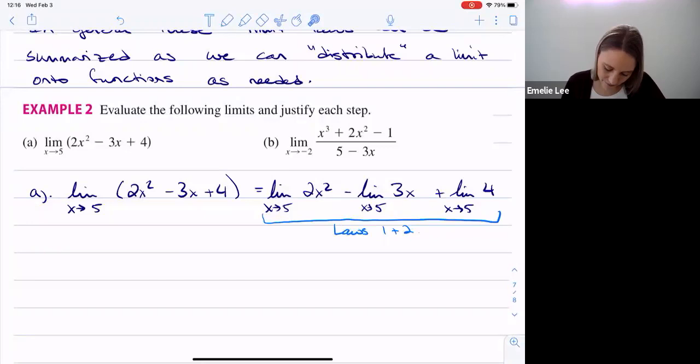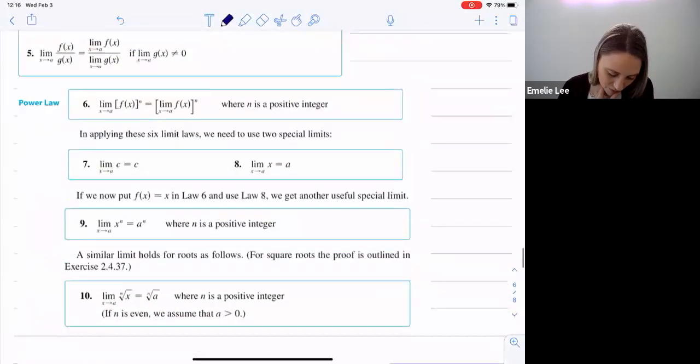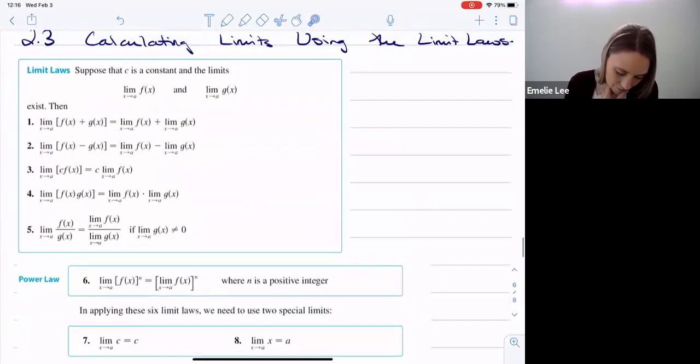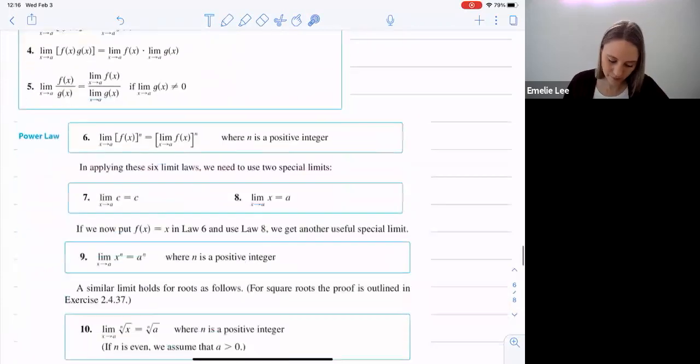Now, to simplify these first terms a little bit more, remember, if we have c times f of x, then we can float that constant outside and just take the limit of x squared. I can't remember what law, probably 3. Yeah. So by limit law number 3 here, I can float that constant outside.